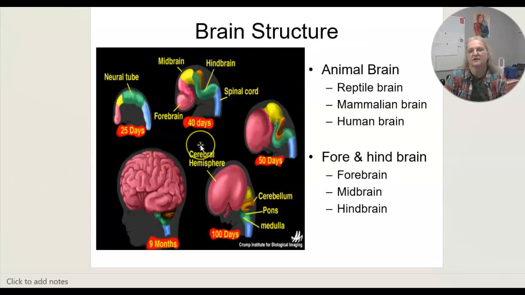The brain structures: you may have heard of the brain described as forebrain, hindbrain, and midbrain. And while that does capture the layout, if you will, it really refers more to the developmental neural tube. I prefer to think about the brain, and I think it makes more sense and will stick with you, it's simpler to remember, if you think of the brain as what we call the animal brain, and the different structures.